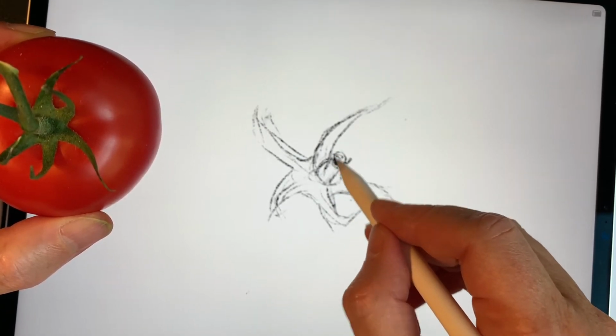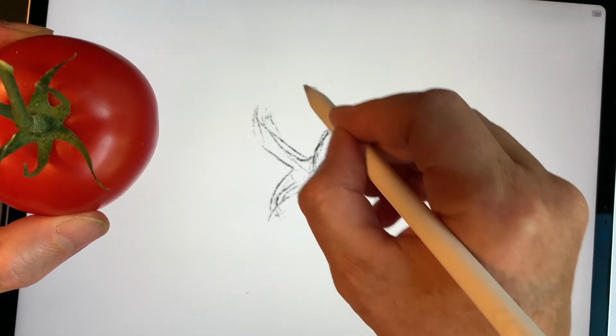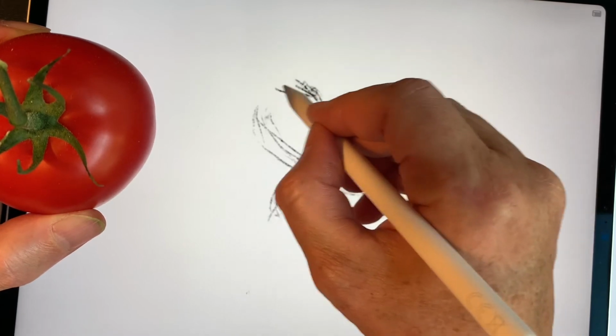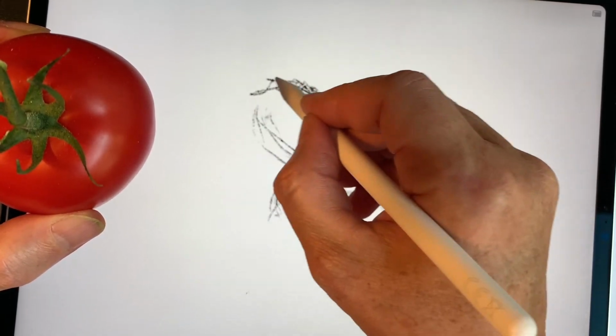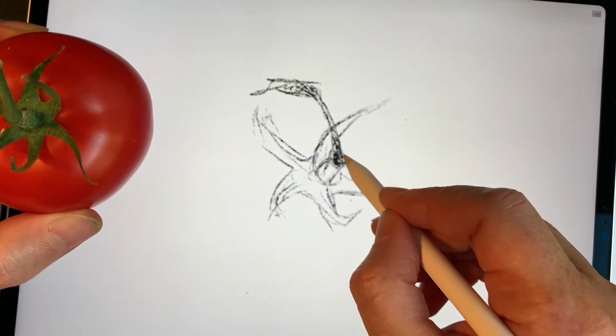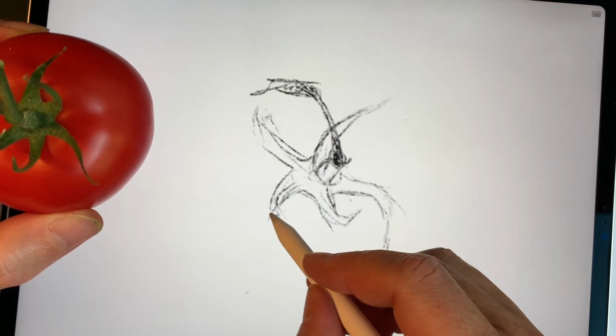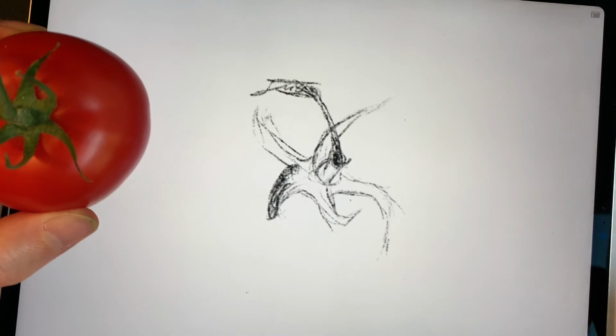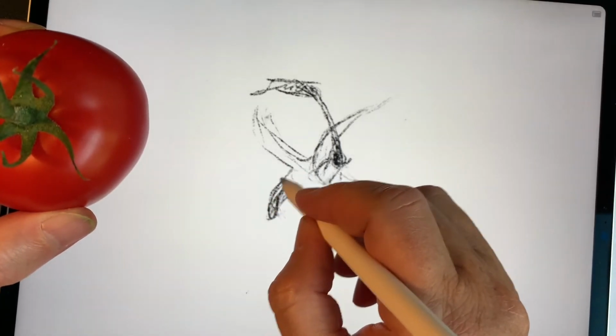So I need this part here, and this goes a little bit in this direction. Maybe I make it a little bit like this. So this is all this green part here. And now it's coming, so I do not know how this is going. Oh, this was a little bit too bold.